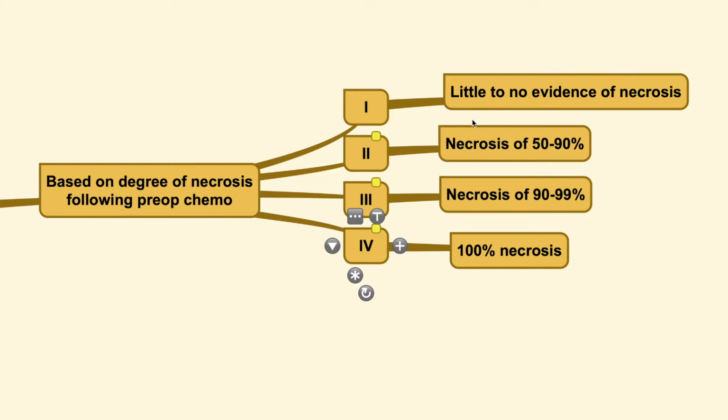If there is little to no evidence of necrosis, then we say it is a Huvos 1, and so on until the patient can be graded as Huvos 4, which shows 100% necrosis. Most papers would say that Huvos grade 1 or grade 2 patients, with necrosis rate under 90%, are considered to have poor prognosis.